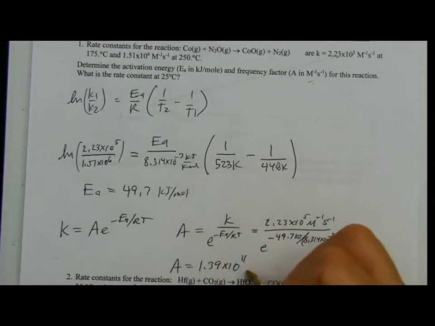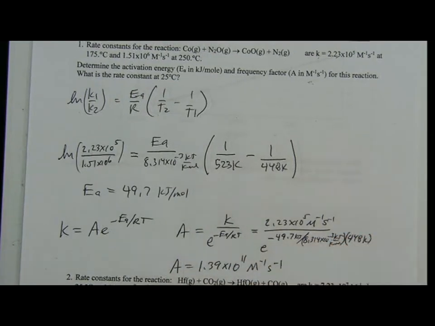And that's molar to the minus 1, seconds to the minus 1. Frequency factor has the same units as the rate constant. So it could vary depending on the reaction. If it's a first order reaction, then it would just be seconds to the minus 1. For a third order, then it would be molar to the minus 2, seconds to the minus 1. So whatever the units on the k are, that's the units of the frequency factor.